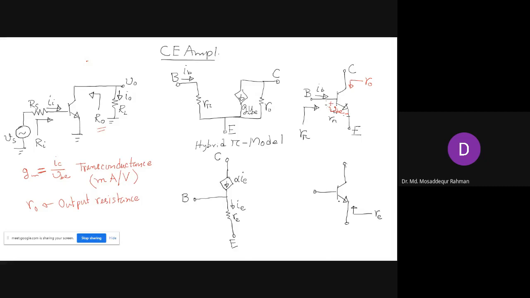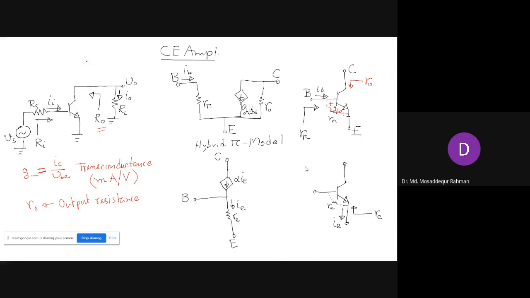That's the resistance between emitter and base, the emitter resistance RE, and the current flowing here is our emitter current IE. So if you are looking from the emitter side, the resistance is RE and the current flowing is IE. That is what's shown here in the T model.